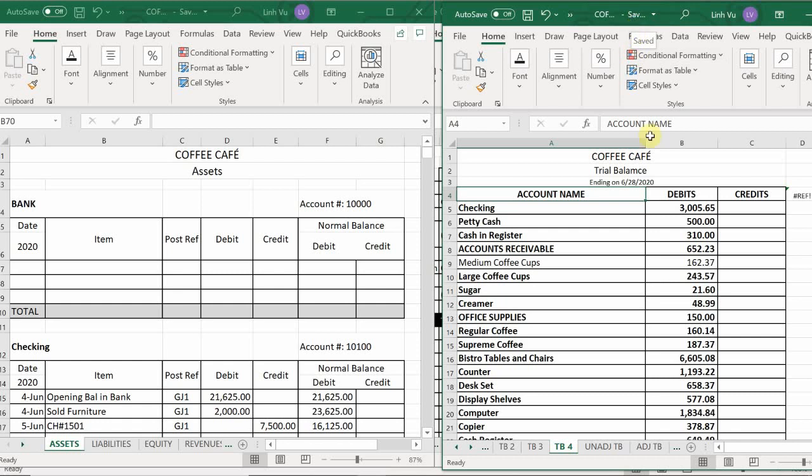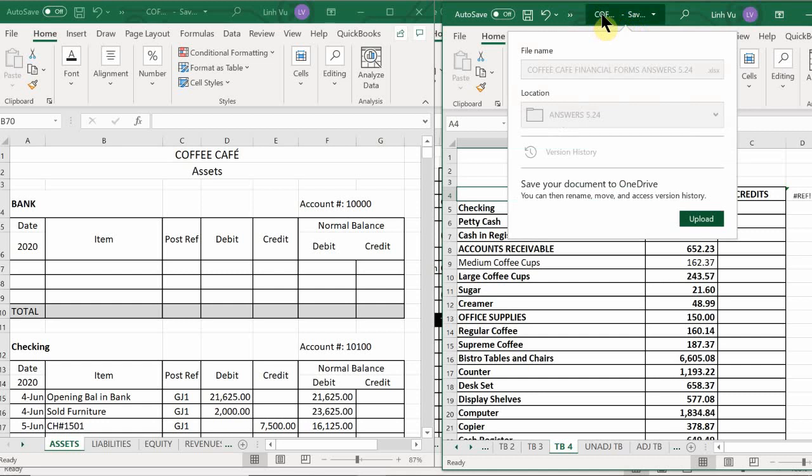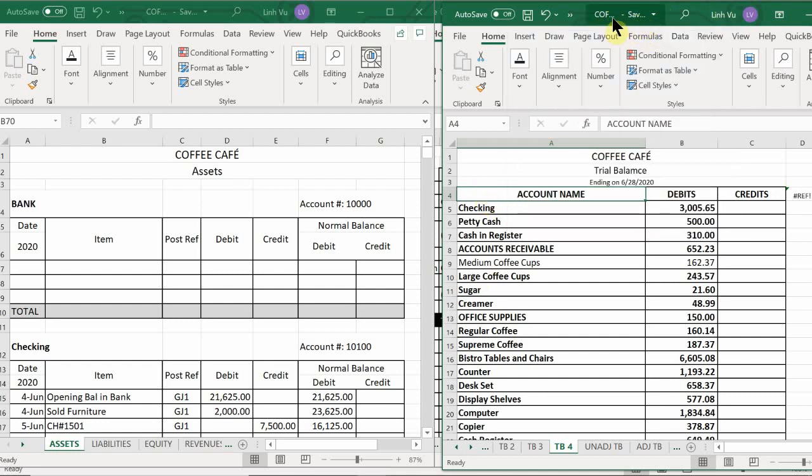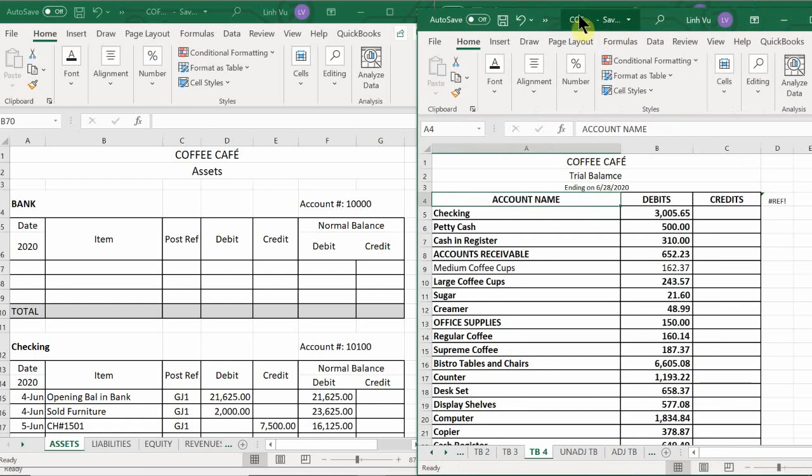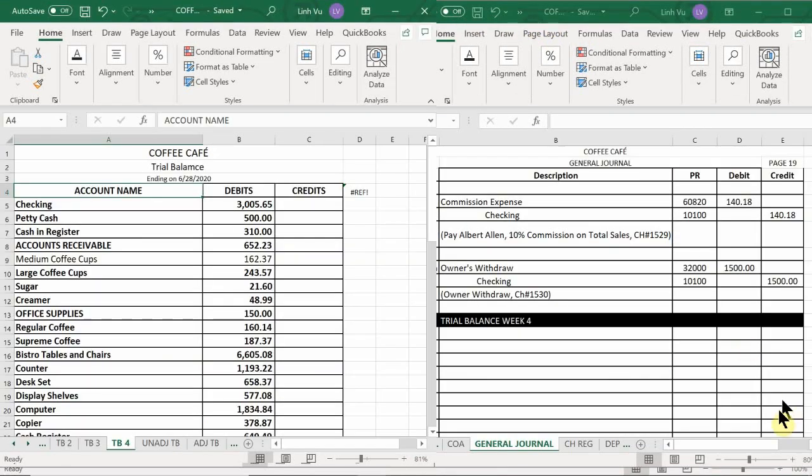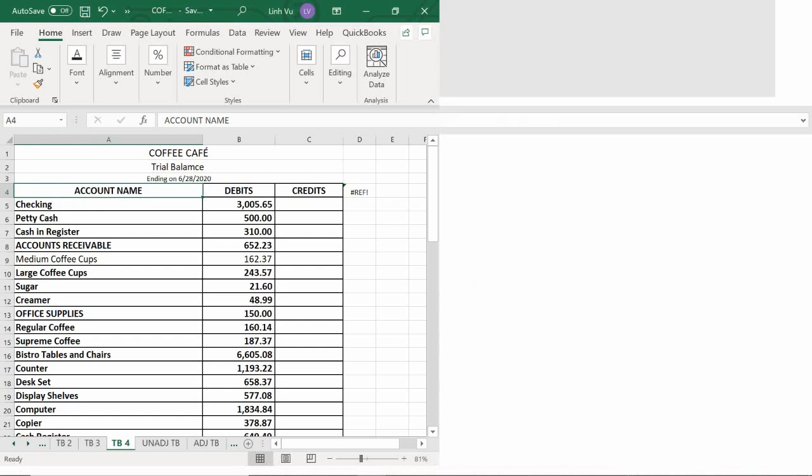So starting from the top, okay, I'm going to go ahead and make this a little bigger, just so that we can actually see it a little better. Okay, so here I'm going to try to drag it over. Okay, and I'm going to make it a little bigger. Oh, wrong one.